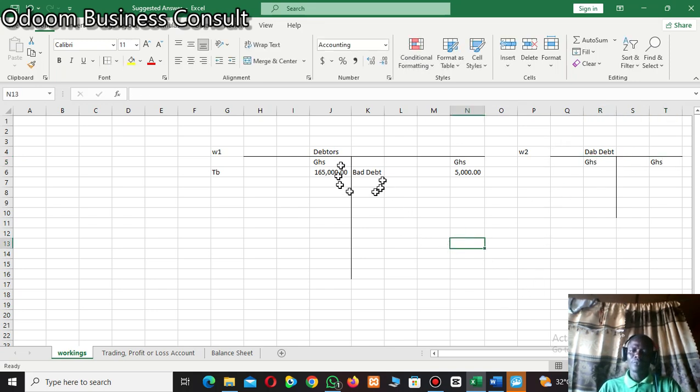Now if we have a credit entry here, then the corresponding debit entry will be in this account. We debited the debtors account in the name of bad debt. If you are following the double entry principle, every credit entry has a corresponding debit entry. I hope you have not forgotten that.